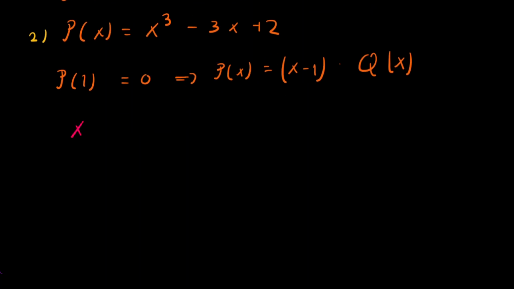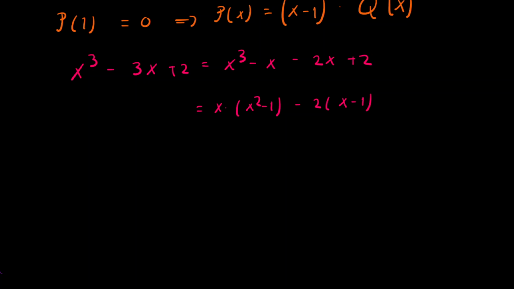The main idea is that you can write this expression as x cubed minus x minus 2x plus 2, which is x times (x squared minus 1) minus 2 times (x minus 1), which can be written as (x minus 1) times (x squared plus x minus 2).